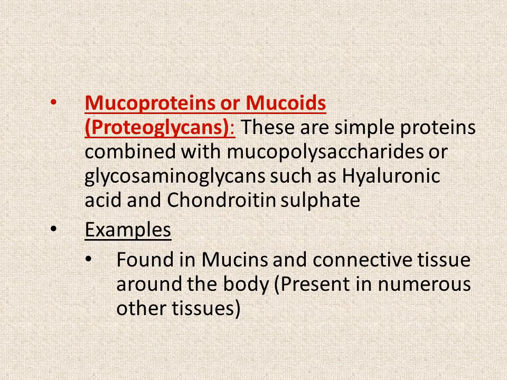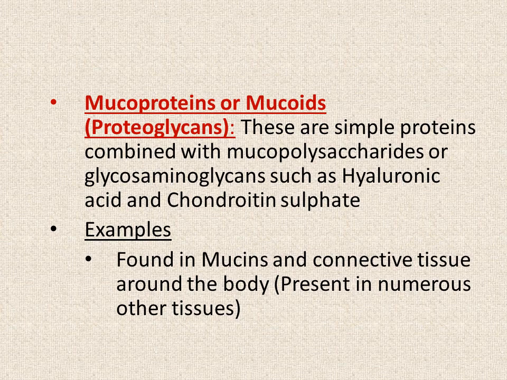So now the second category of conjugated proteins that we are going to discuss are mucoproteins or mucoids, which are also known as proteoglycans, and these are simple proteins which combine with mucopolysaccharides or glycosaminoglycans such as hyaluronic acid and chondroitin sulfate.